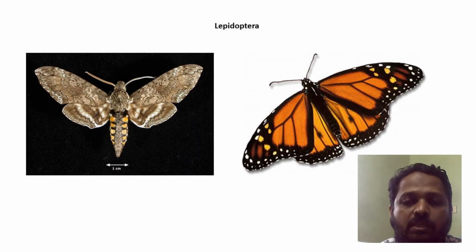Both wings are membranous and covered with powdery scales. The mouthparts are siphoning type in adults, and chewing type in the larval stage, its caterpillars. Metamorphosis is complete in this case.